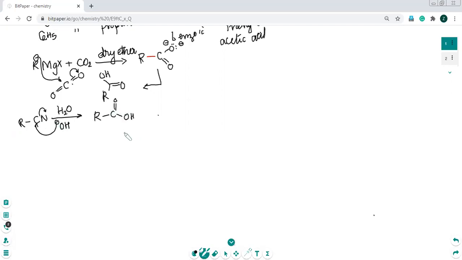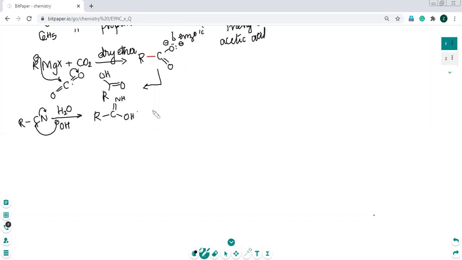Oh, one sec. I made a mistake. It is a triple bond here, sorry. N is there, which will form double bond NH. Okay.